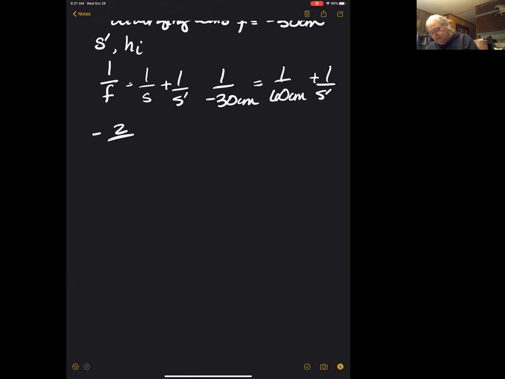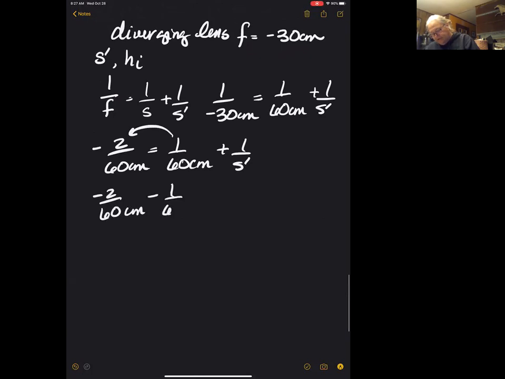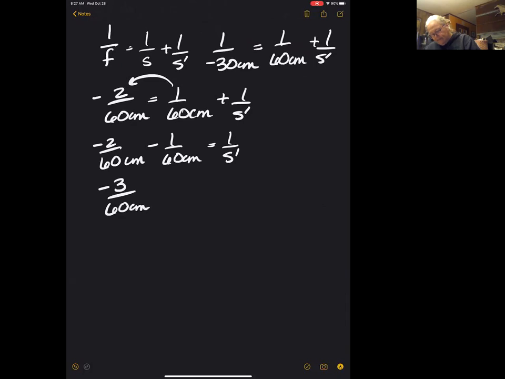So it's negative 2 over 60 and 1 over 60. I'm going to move all my numbers over here. So I've got negative 2 over 60 minus 1 over 60 is equal to 1 over S prime. So that's negative 3 over 60 is 1 over S prime. So S prime is negative 60 over 3, or negative 20.